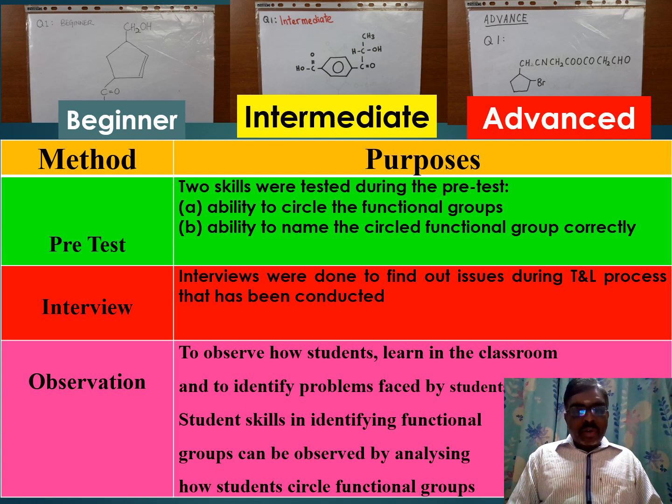In observation, we observed how students learn in the classroom and identified problems faced by students. We also observed that students' skills in identifying functional groups can be seen by analyzing how they circle functional groups.